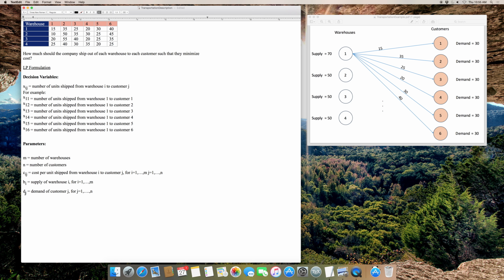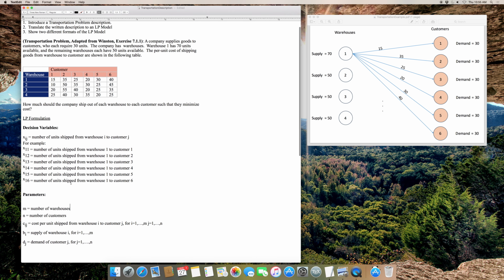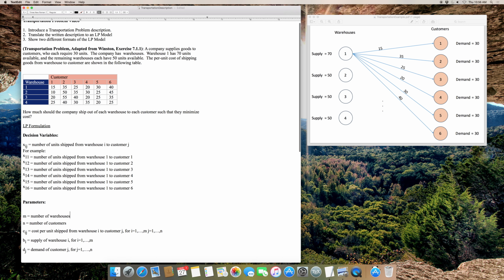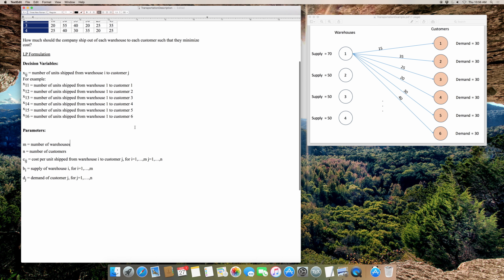I also know I have a demand associated with each customer, so denote that Dj, for each j 1 to N, where N here is 6. So there are the parameters associated with them, and I can pull the actual values of these based off of my description from my supplies, demands, and this cost table.